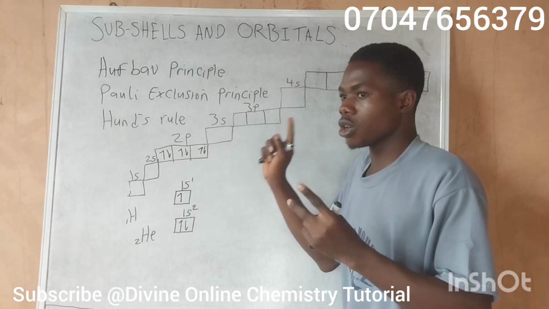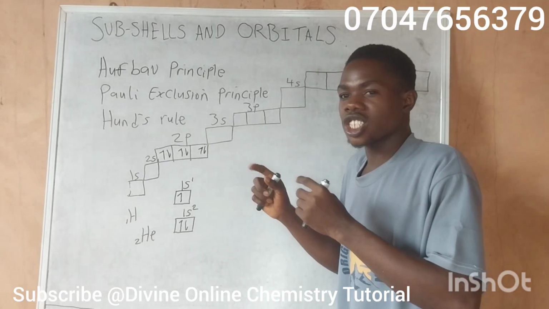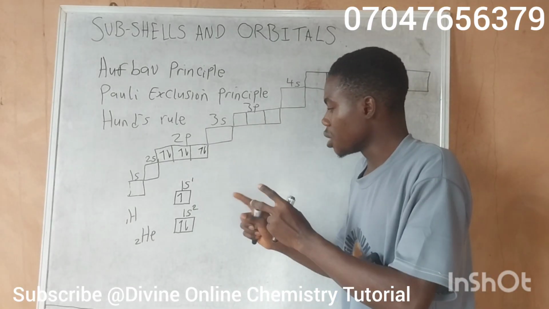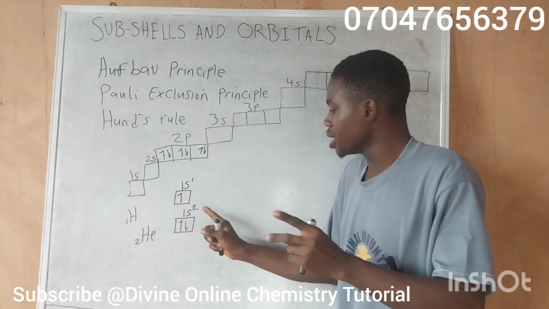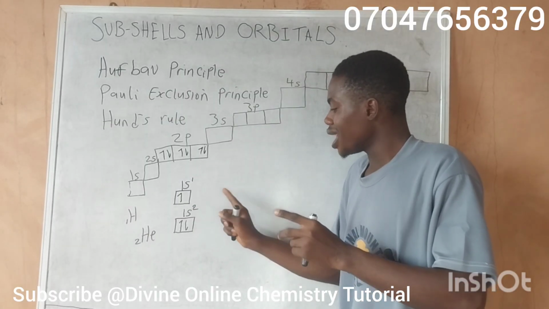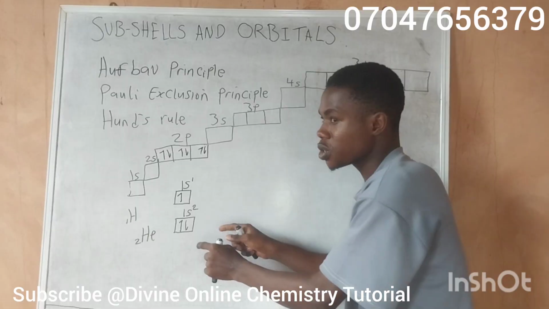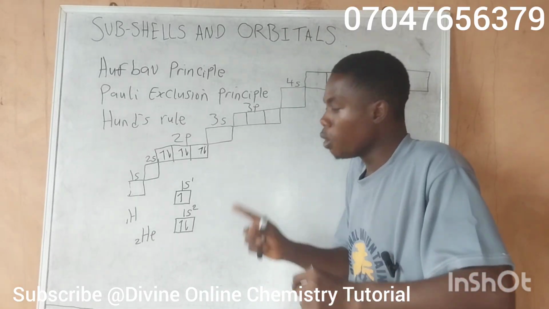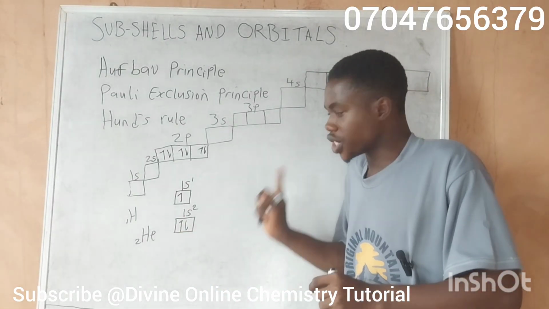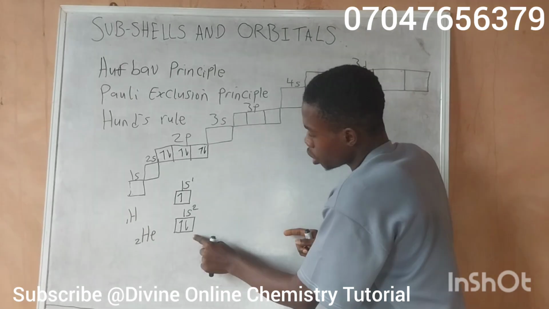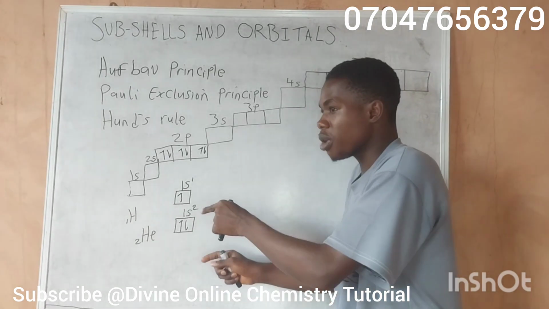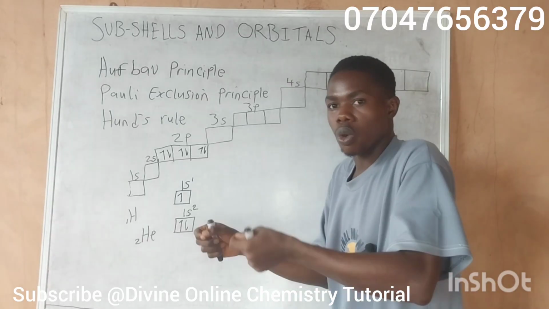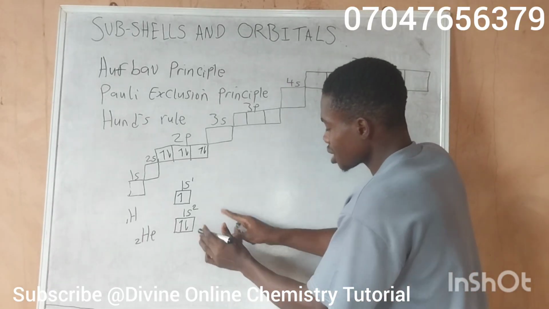We did it before, so if you did not go through it, just shift the video backward and watch it. So it must be filled with the maximum number of electrons it can carry before you move to the next subshell. So helium, we're still working with this 1s. The power 2 is telling us the number of electrons the element has. So this is for helium.